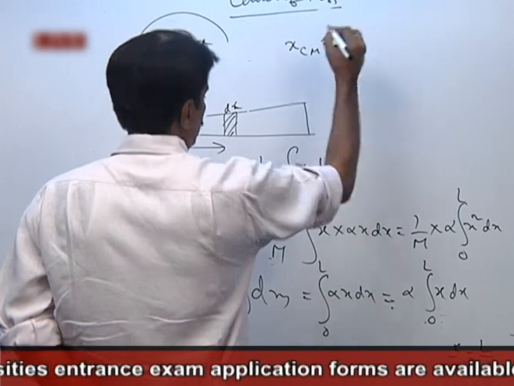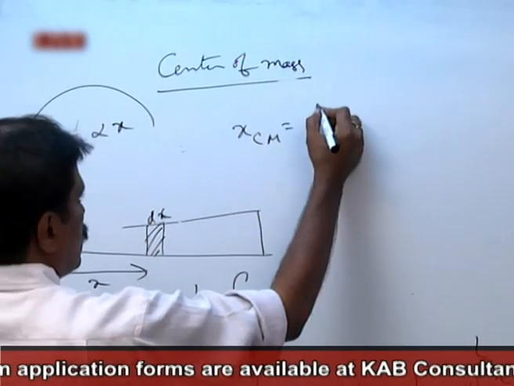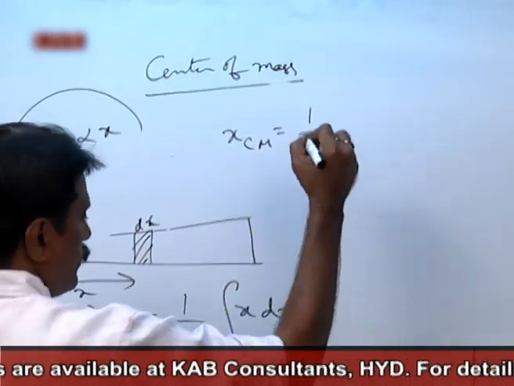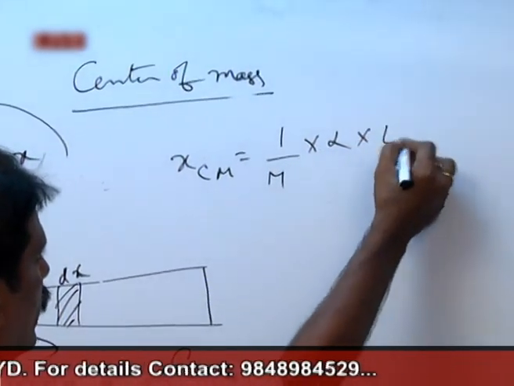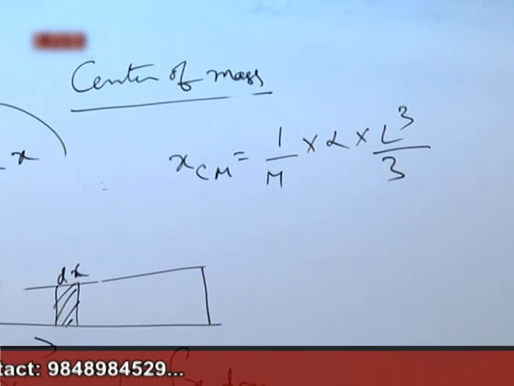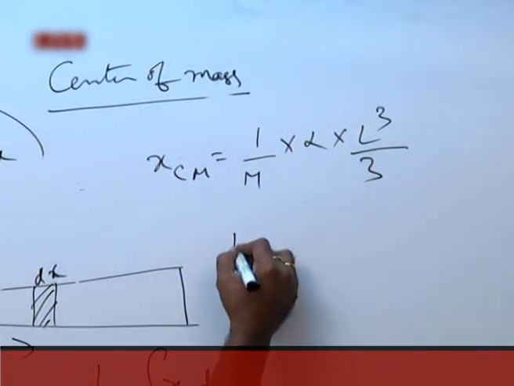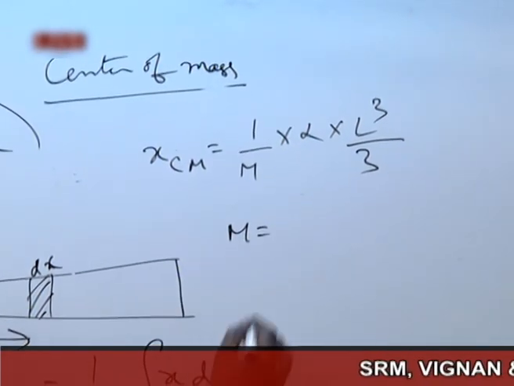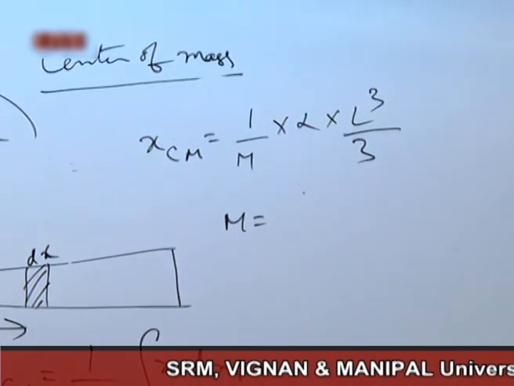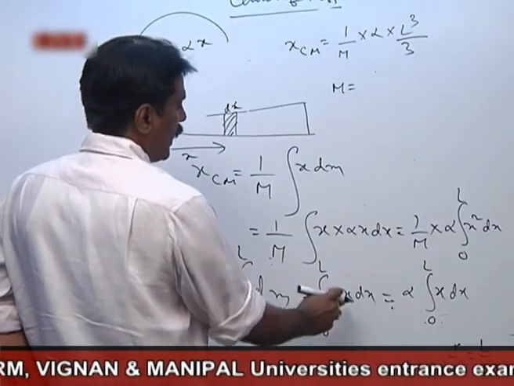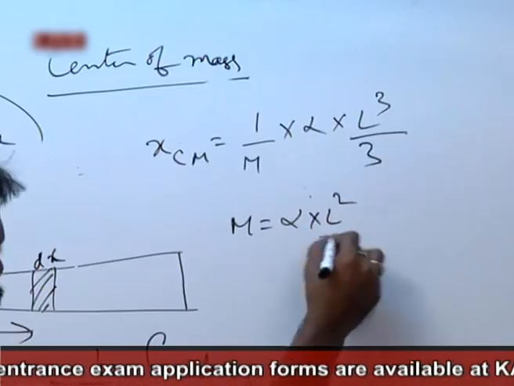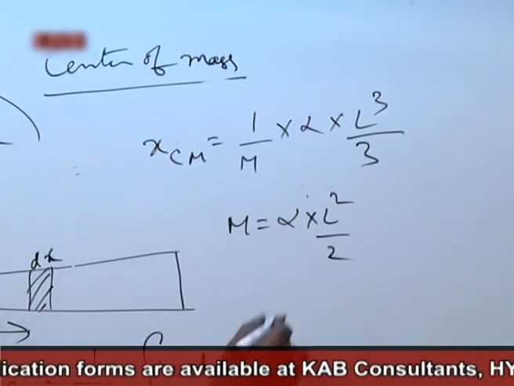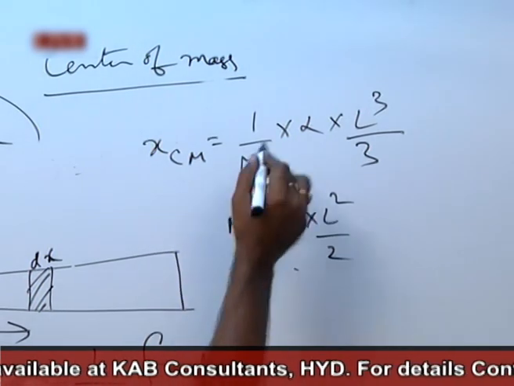XCM is equal to 1 by m into alpha into L cube by 3. Similarly, m is equal to integral alpha x dx, means alpha comes out, x square by 2 will be there, that would be equal to alpha L square by 2. This is the m value.